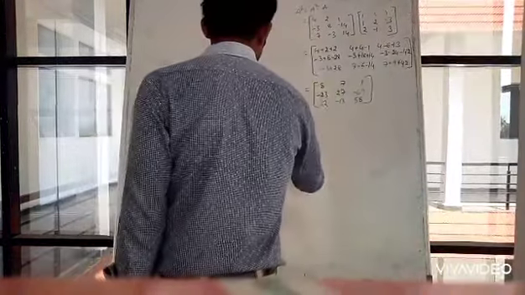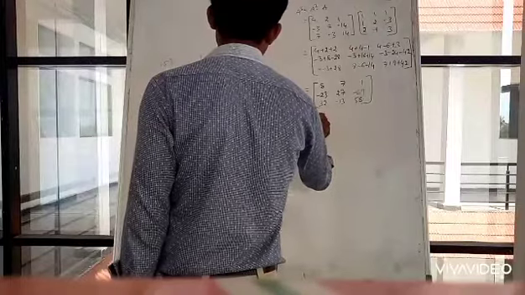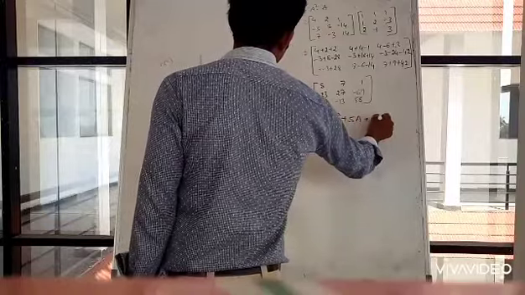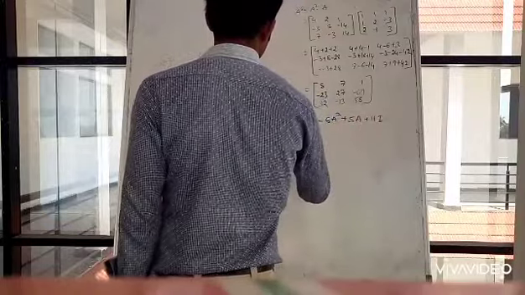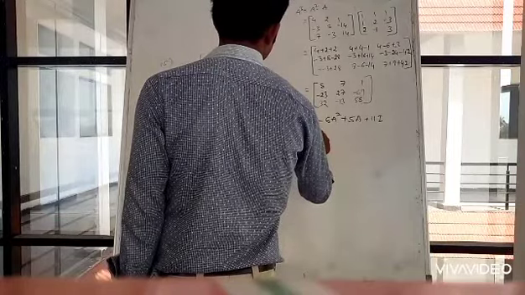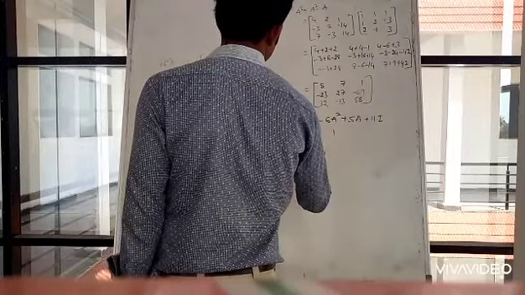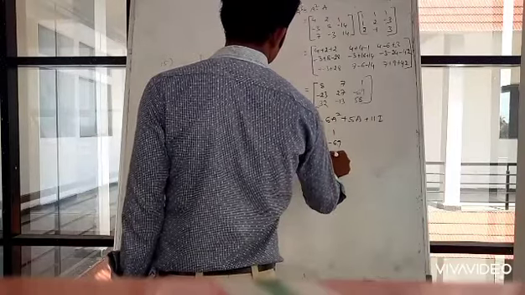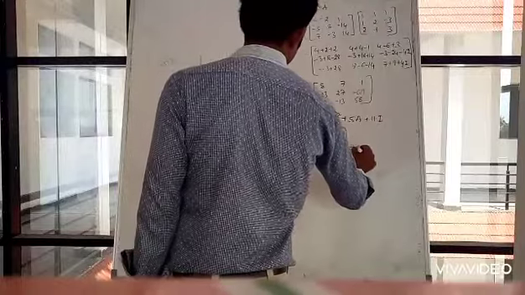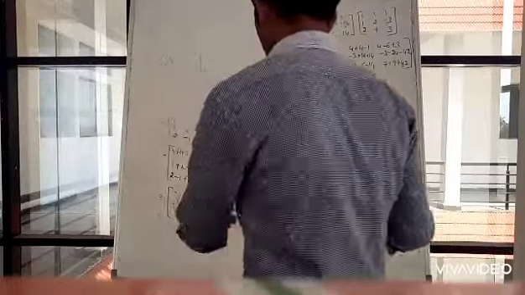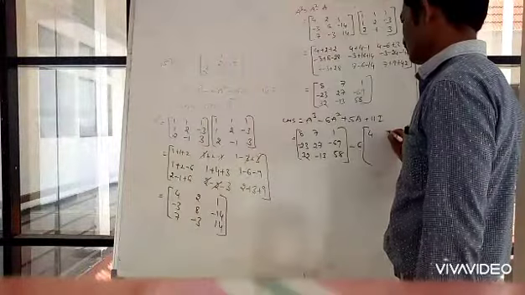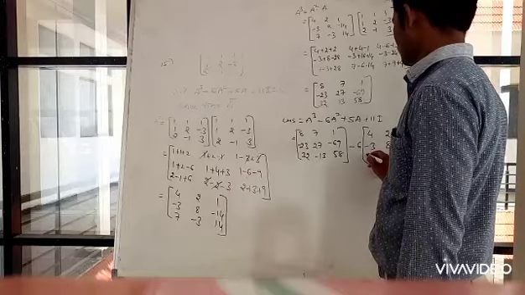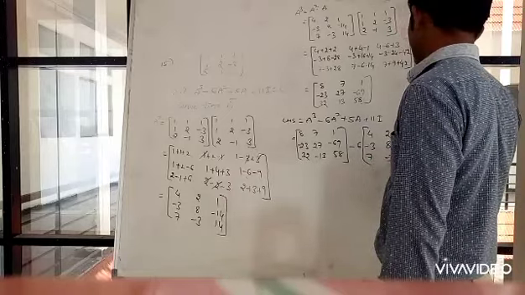Then for the LHS, we consider A cube minus 6A square plus 5A plus 11I. A cube is 8 7 1, minus 23 plus 27 minus 69, 32 minus 13 plus 58, minus 6 into A square, which is 4 2 1, minus 3 8 minus 14, 7 minus 3 plus 14.